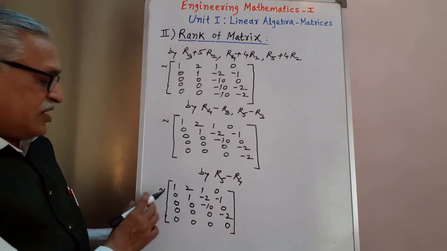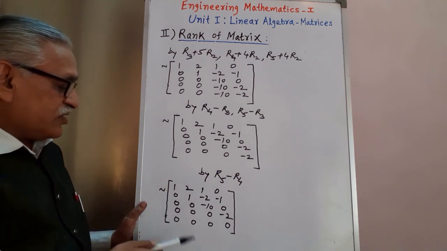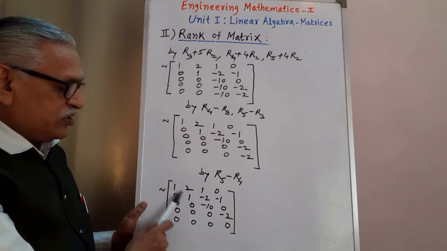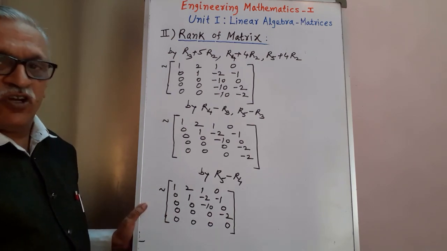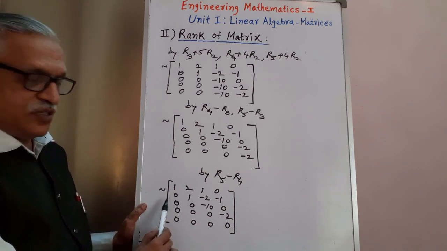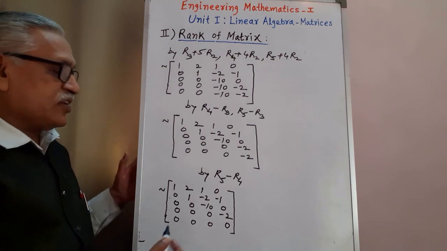And therefore, we check once again the condition for the canonical form. Here 1, 2, 3 and 4. All the principal diagonal elements are non-zero and lower diagonal elements are 0. And therefore, whatever this form we have is called a canonical form.